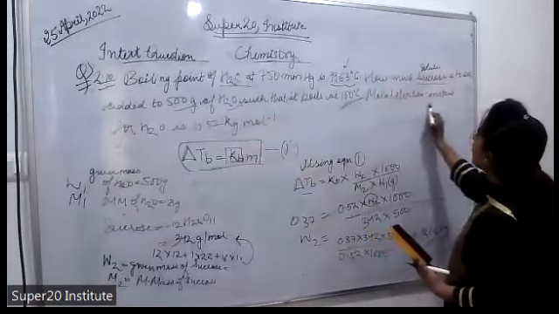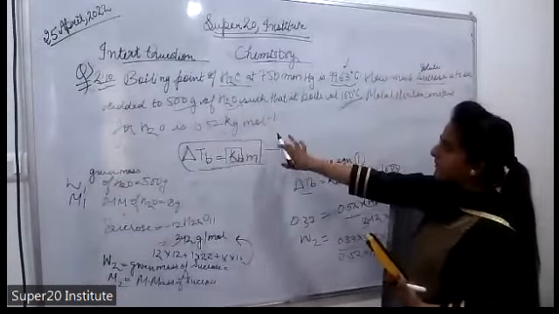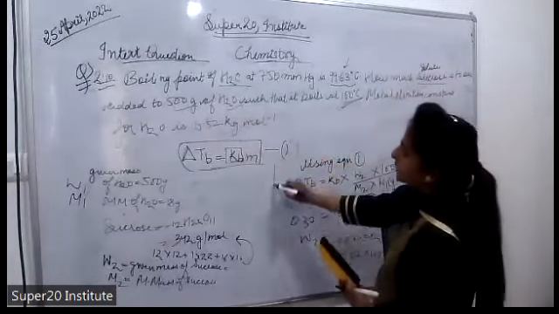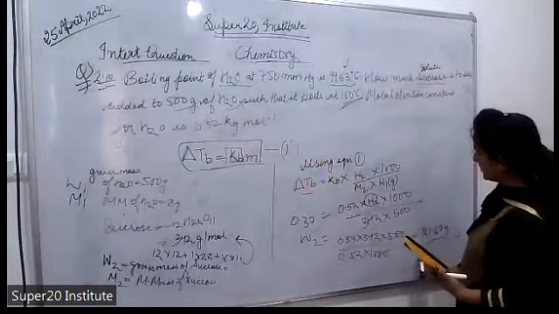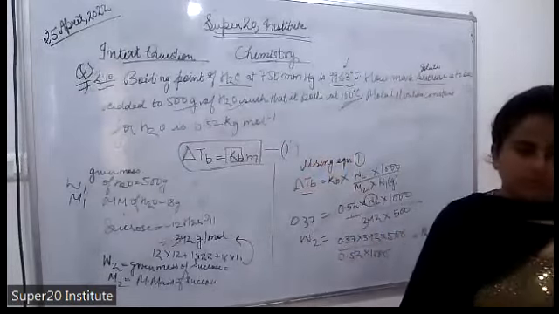Okay, molar elevation constant given था, हमें kb की वैल्यू given थी, and by using all this value we have to calculate the given mass of the sucrose. Okay, so this is your answer, note it down.